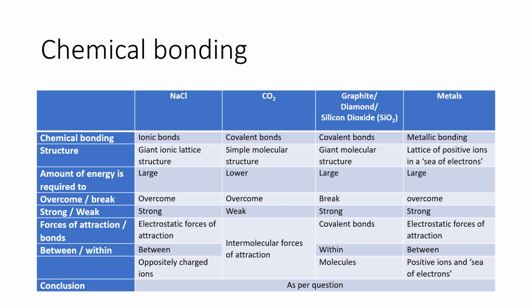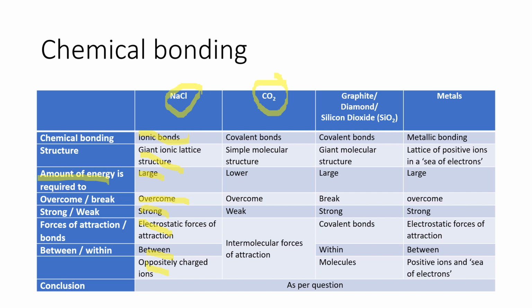So let's say the question asks why NaCl has a higher melting and boiling point than CO2. Then you will say NaCl has ionic bonds and giant ionic lattice structure. Large amount of energy is required to overcome strong electrostatic forces of attraction between oppositely charged ions.